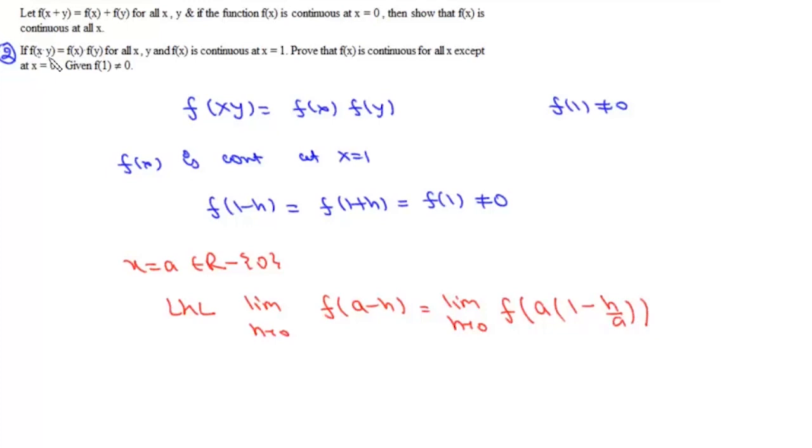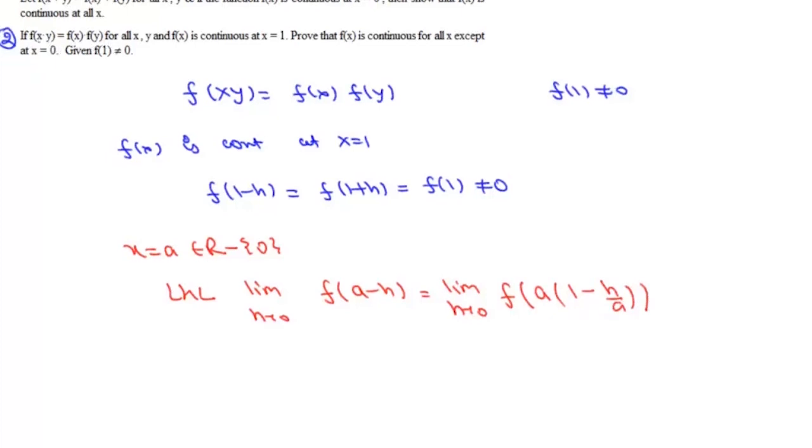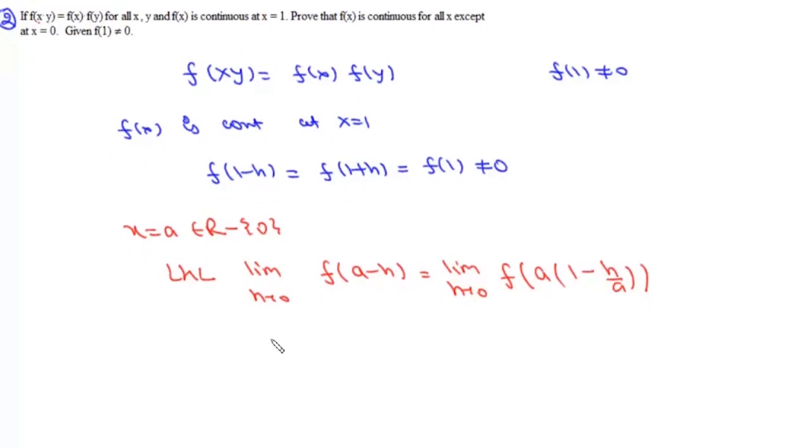Now f(x into y) is f(x) into f(y). So we'll write this as limit h tends to 0, f(a) into f(1 minus h upon a). Now f(1 minus h upon a) is the left hand limit at 1, which is f(1). So this is f(a) into f(1).